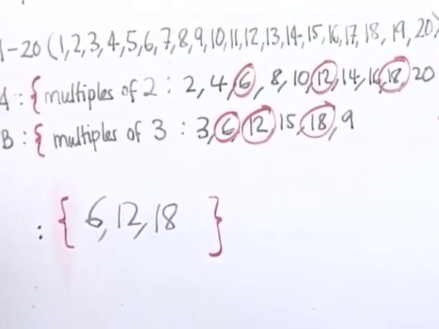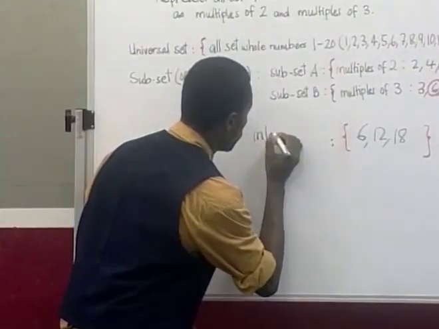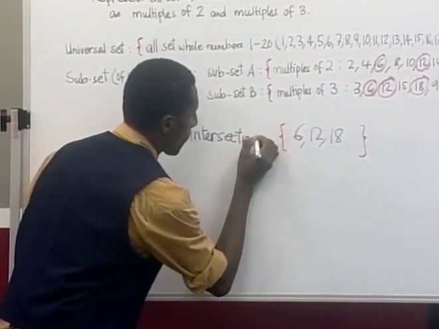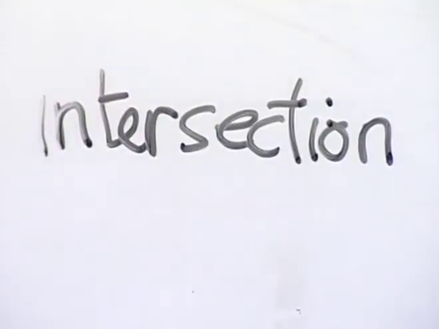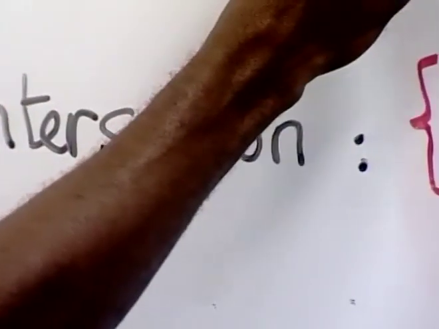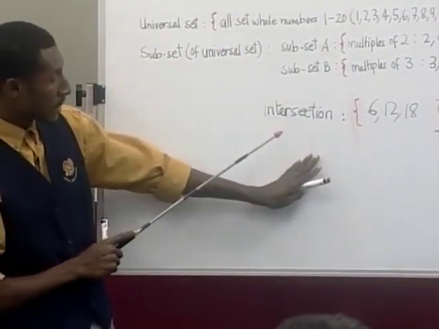Okay? They are the subset of intersections. So these are the numbers which are common in subset A and subset B.